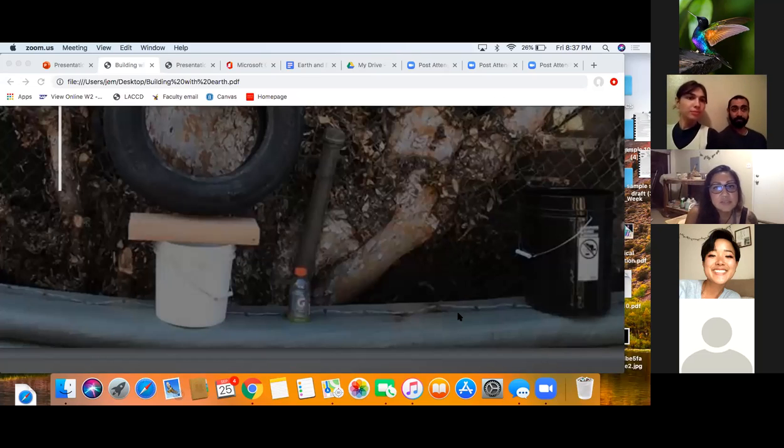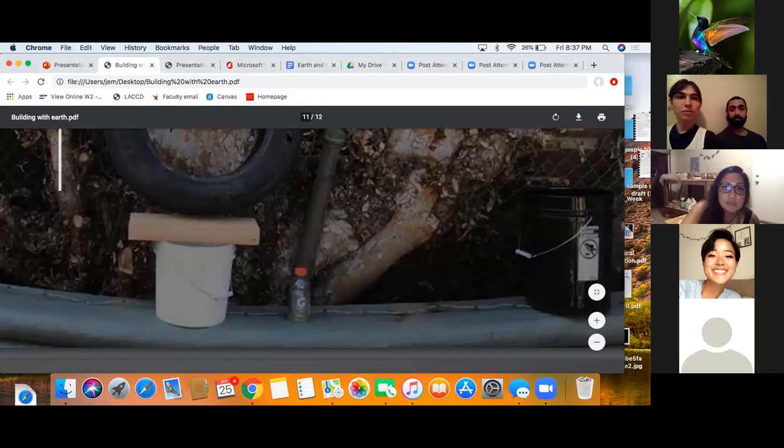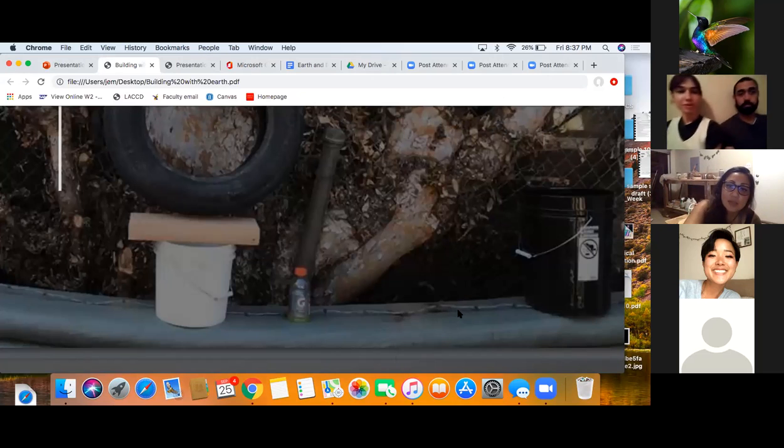Somebody asked to see a picture of the barbed wire. This was the only photo in the presentation, though I have more photos. I'm documenting the whole thing. But here's the photo.